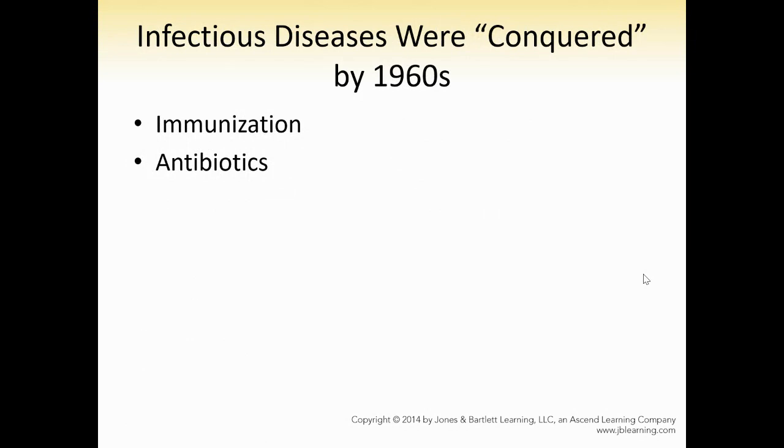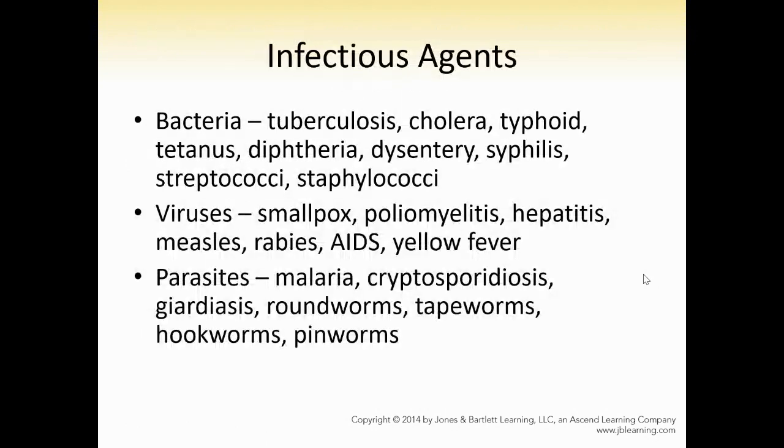There were some that believed that we had conquered diseases in the 1960s because of immunization and antibiotics. They were wrong. But infectious agents, so these are the bugs that give you the disease, include bacteria, viruses, parasites.